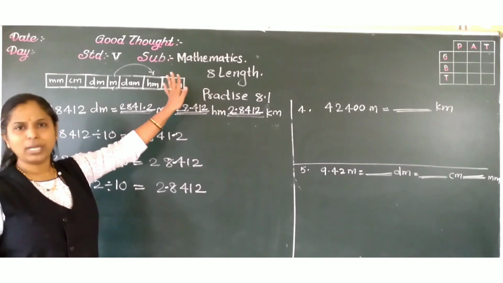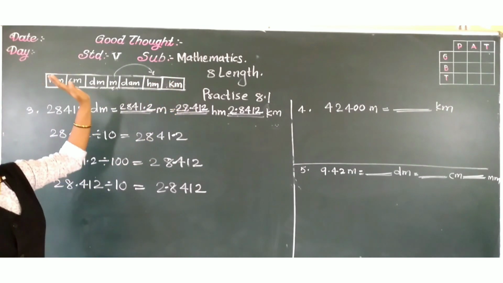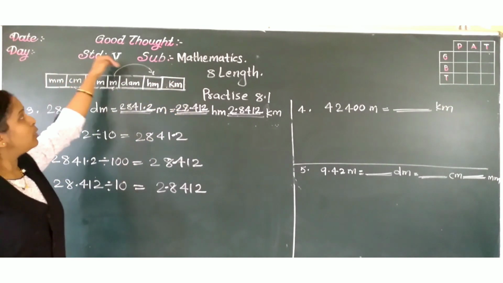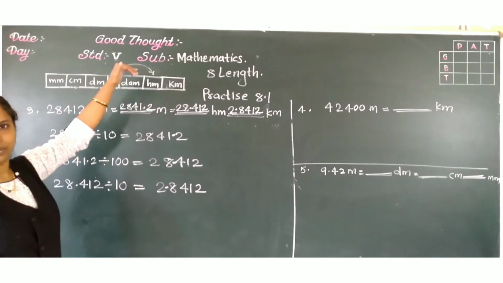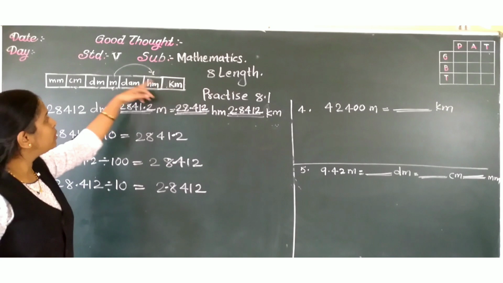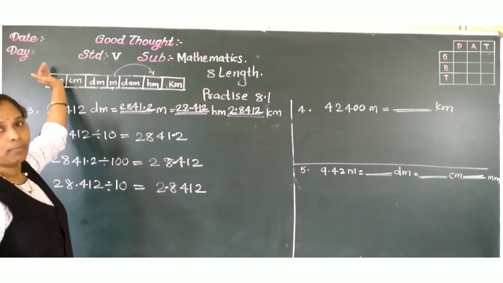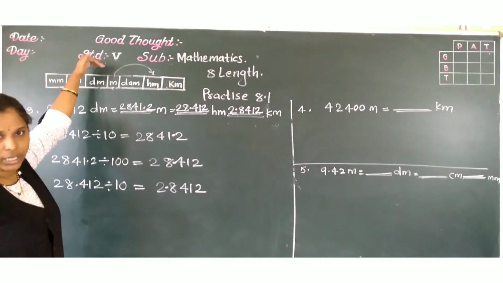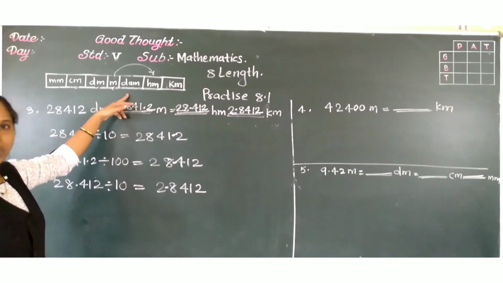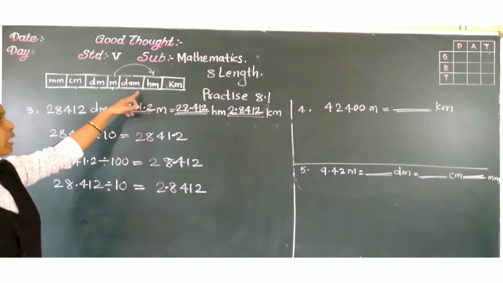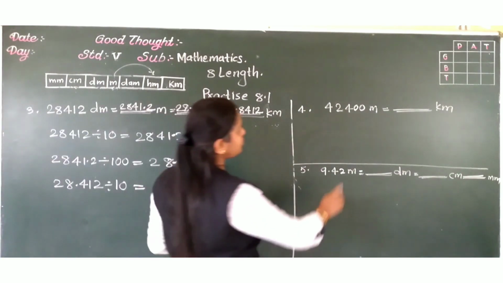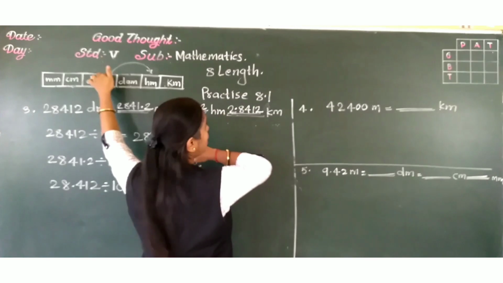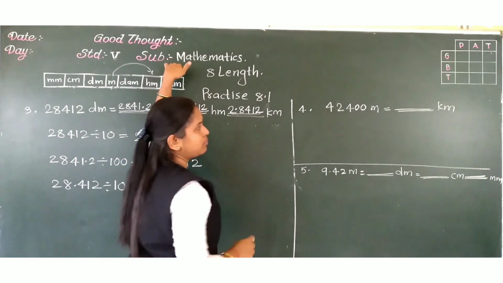In this way we have to do. This table is very much important. From this you will understand. Each step goes on increasing by 10. And here, if you want to go from smaller to bigger, then division, and bigger to smaller, then multiply by 10. Go on multiplying by 10. Now here see, we have to convert meter to kilometer.